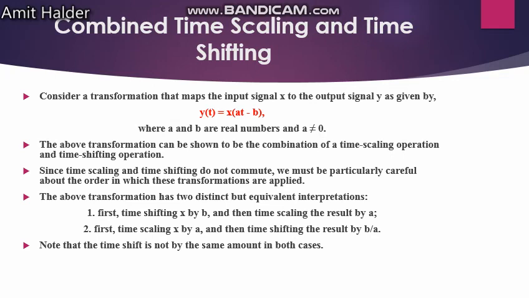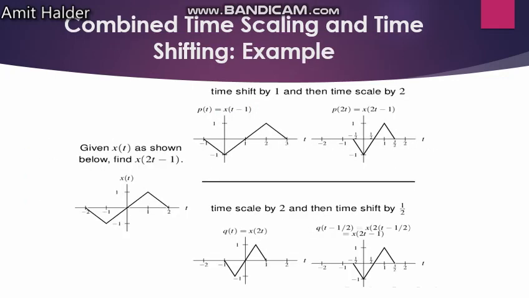If it is x(at - b), the a t part is scaling, and the minus b part is shifting. So that is the combined thing. How can you deal with it? That is the example: x(t - 1), just shift by 1, and then time scale by 2.